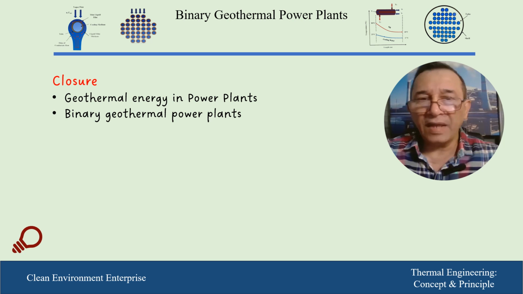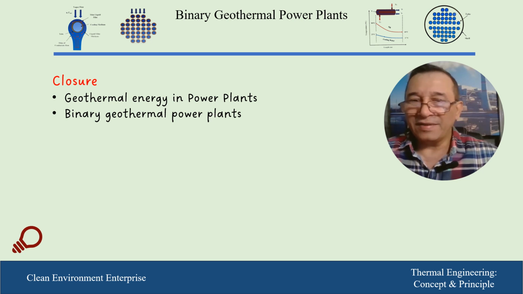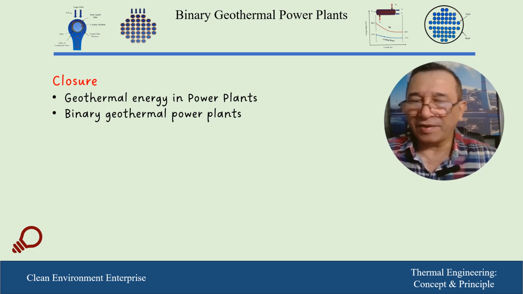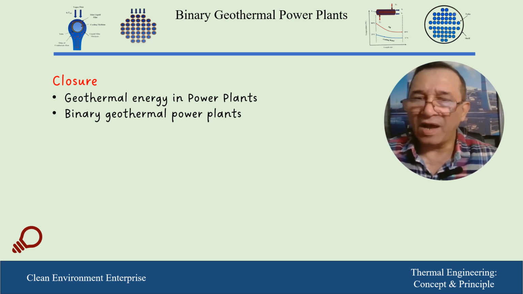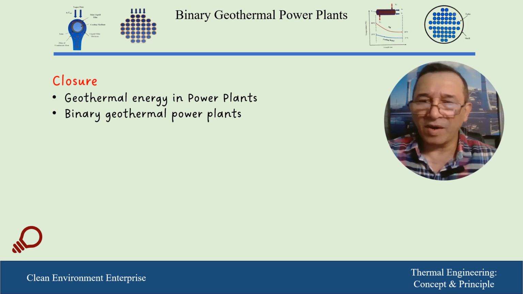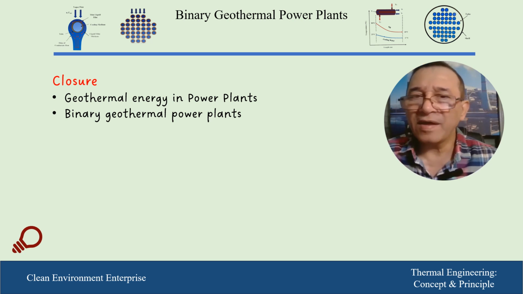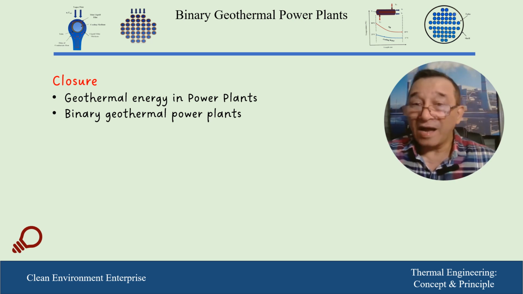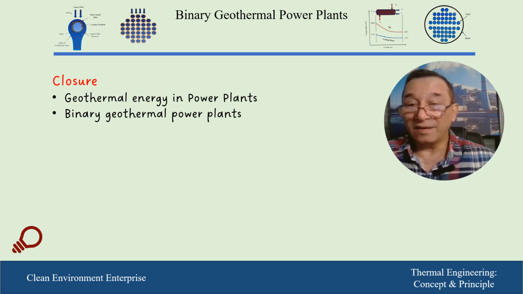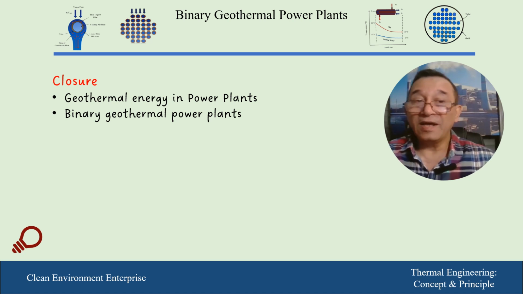In that sense, we say that these three types, the dry steam, the flash steam, and the binary, are the types of geothermal power plants used to produce electricity.